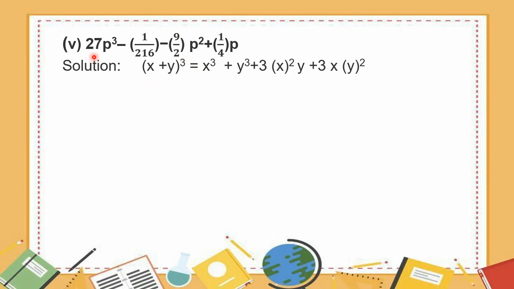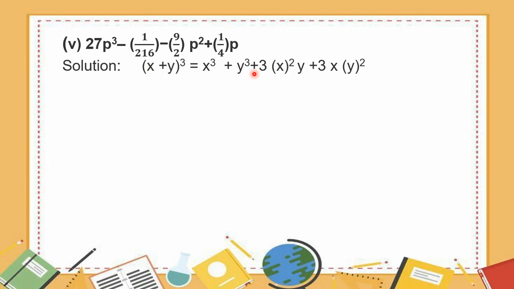As we observe, this is p cube, and 216 is the cube of 6. So we can apply the identity x plus y whole cube. Let's understand how we can apply this identity here.